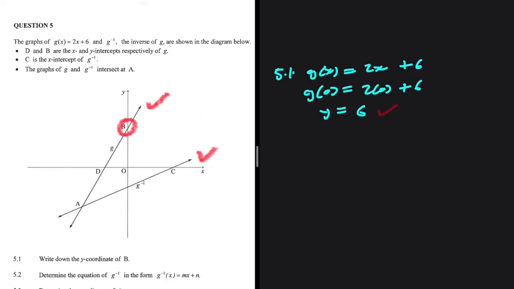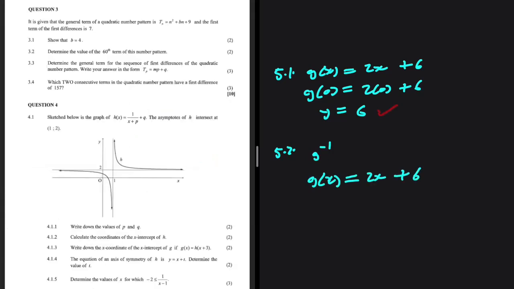5.1. Let's take a look at 5.2. Determine g inverse in the form g inverse equals mx plus n. We know that g of x is equal to 2x plus 6. In order to find the inverse, we need to swap x and y and solve for y. So in place of y, we're going to put x, and in place of x, we're going to put y, plus 6.